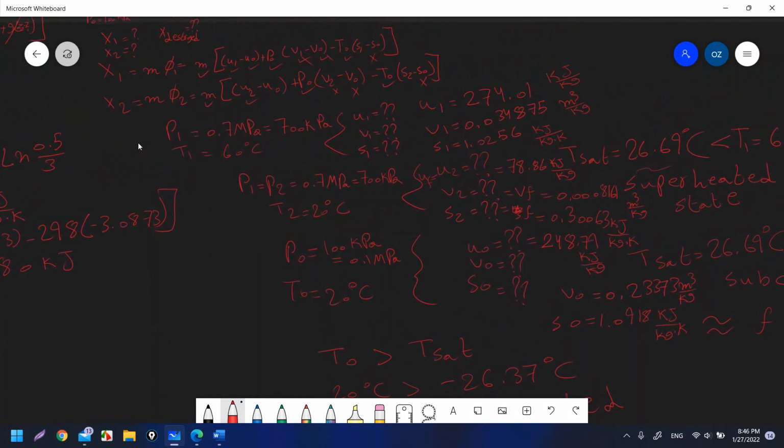The rest is substituting. We'll substitute in this equation and this equation, and then we will find the X destroyed.